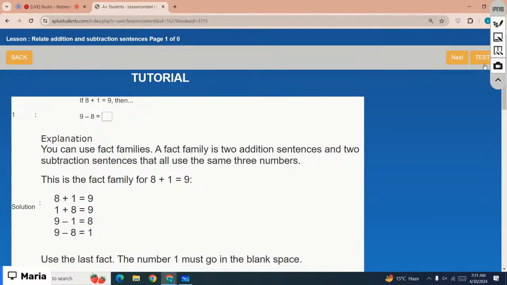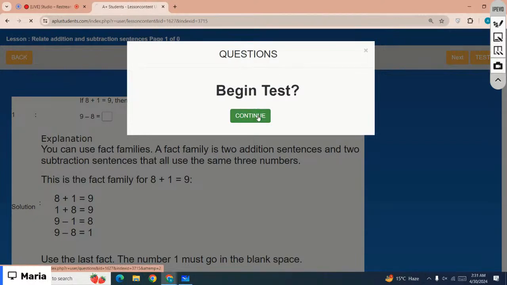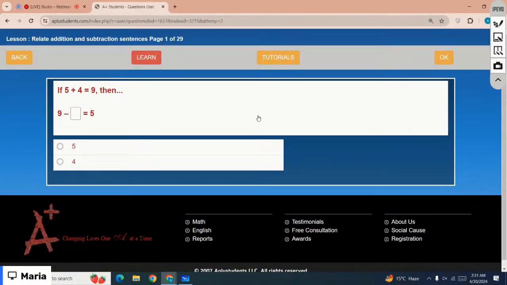Okay, let's just start with the test questions. If 5 plus 4 equals 9, then 9 take away what number equals 5?